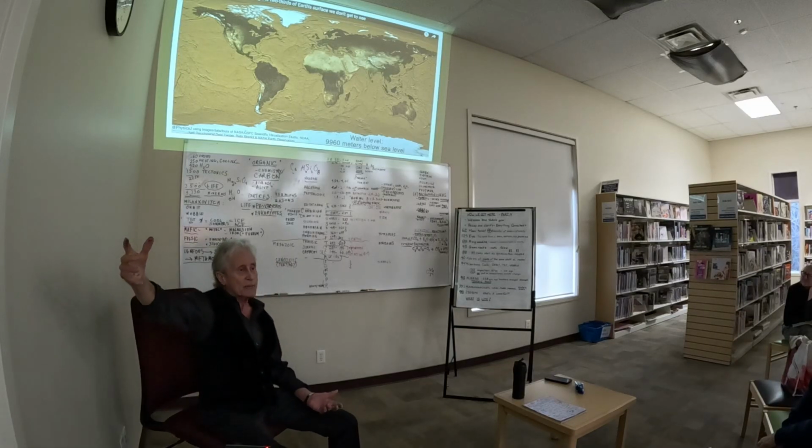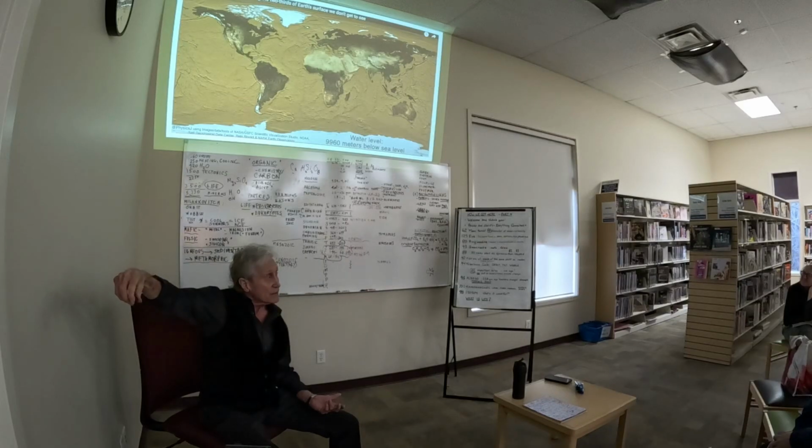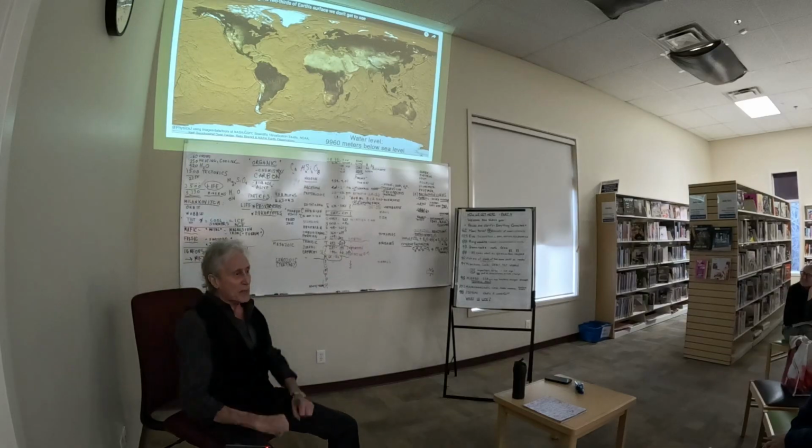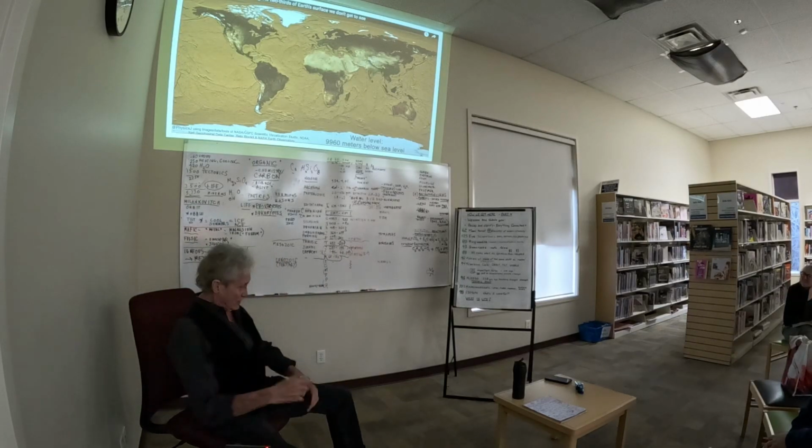So something the size of Merritt, not much bigger, took out the whole world. It killed all the dinosaurs, one of the most successful species of life that has ever lived, and annihilated just about everything else while it was at it. That was just one 10 to 15 kilometer asteroid. But there were a lot more of them in the past. So I can't guarantee one isn't going to show up, but there's none on the horizon right now.